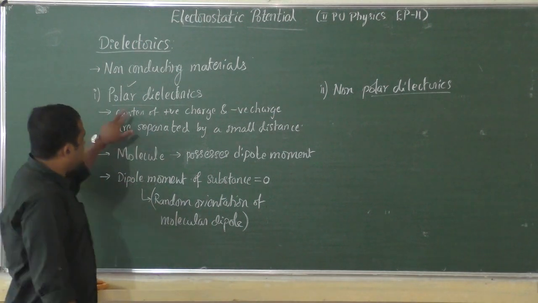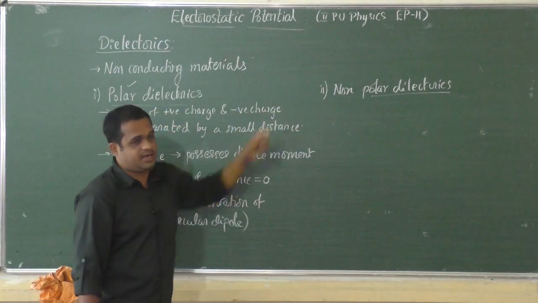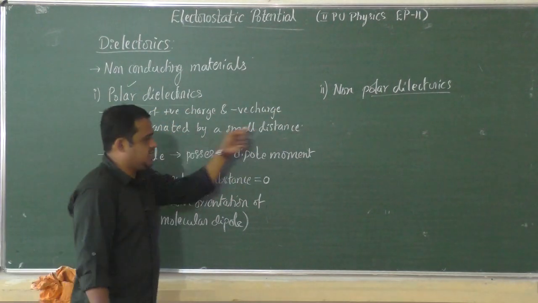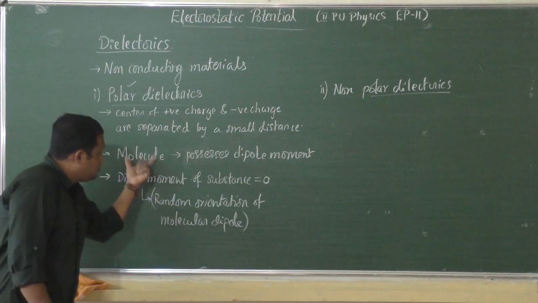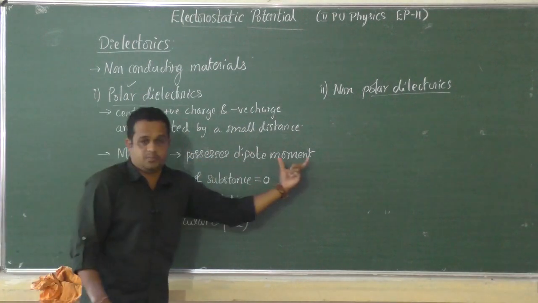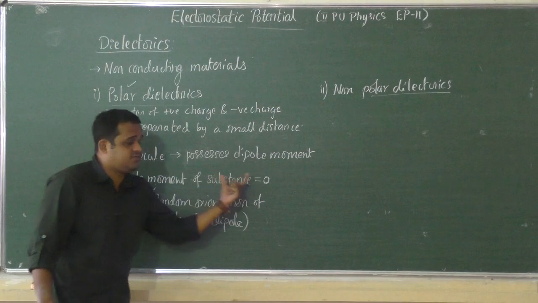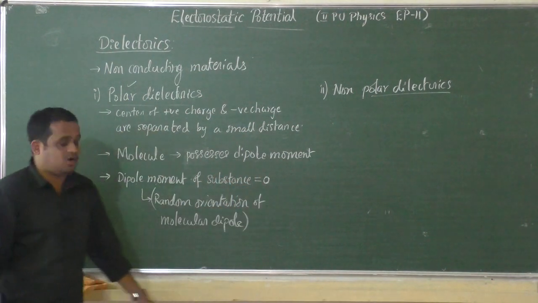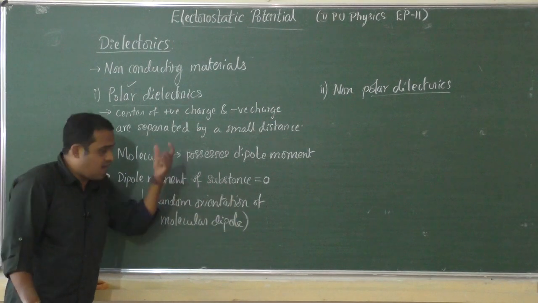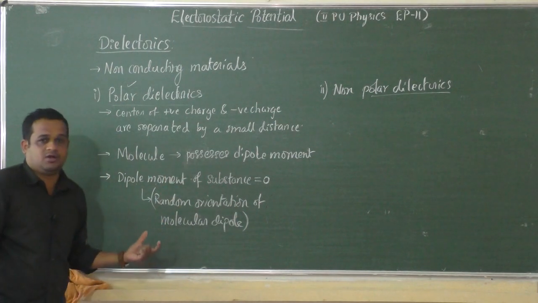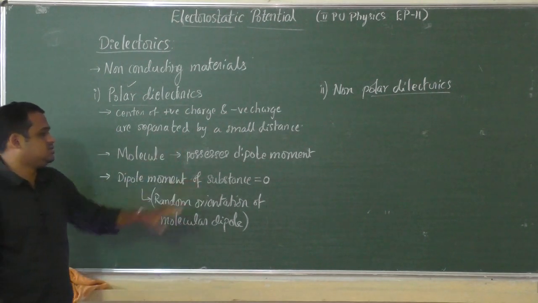Remember these points. In case of polar dielectrics, the center of positive charge and the center of negative charge are separated by a small distance. Therefore a molecule of a polar dielectric possesses a dipole moment, but if you consider the dipole moment of the substance, it is equal to 0 because molecular dipoles will be randomly oriented, so that if you add the dipole moments of all the molecules, due to random orientation, the net dipole moment of the substance will be 0.